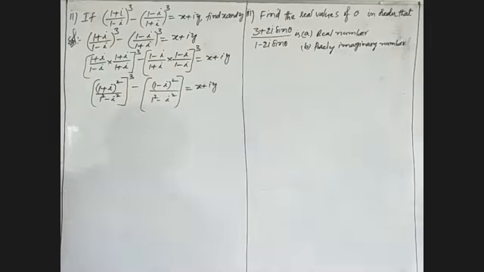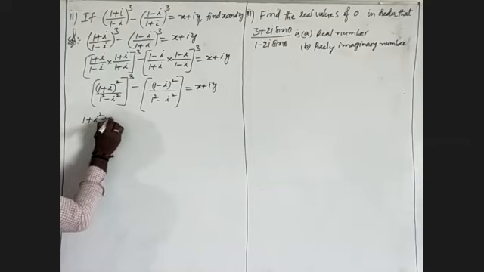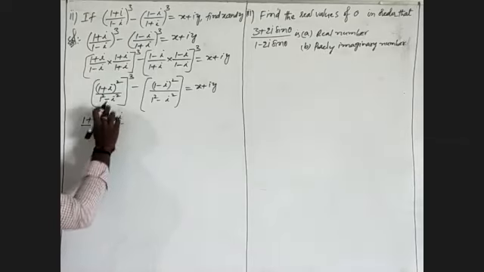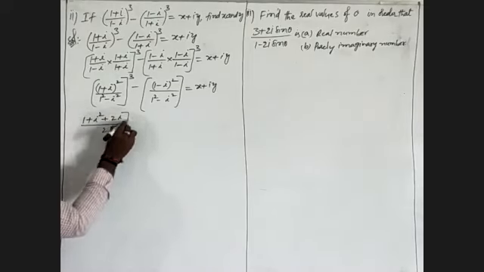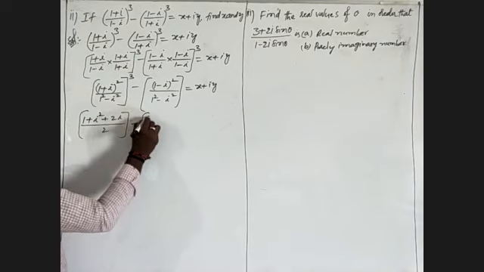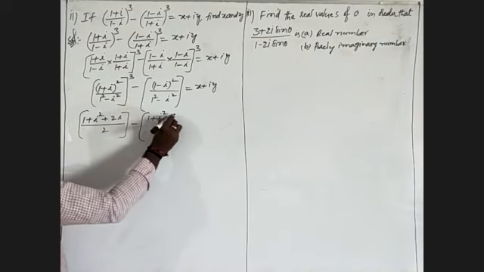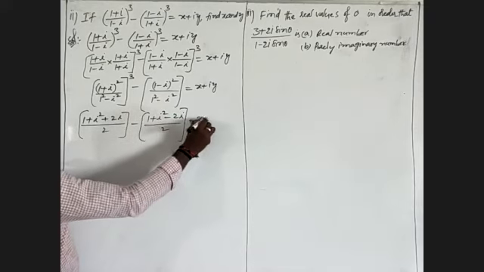Now I have to expand this one. 1 square is 1, plus i square, plus 2i, where i square becomes minus 1. 1 minus 1 becomes 0 plus 2i, the denominator is 2. Minus here also, (1-i) square is 1 plus i square minus 2i by the denominator 2, must be equal to x plus iy.